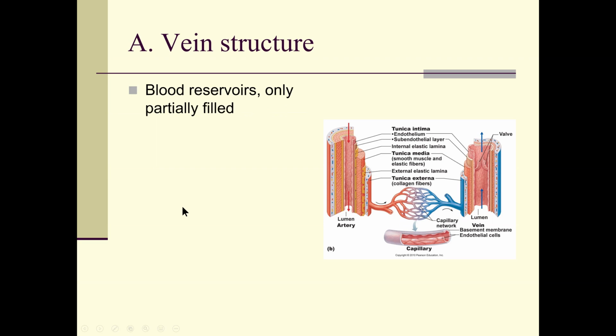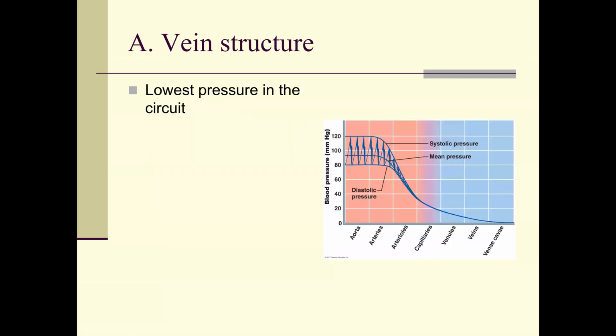Blood reservoirs only partially filled. Remember, the pressure now is so low that they actually have to rely on other mechanisms to get the blood back to the heart. Because when we have a pressure head like this, we're pushing blood out into a system. Now we've got a pressure that's so low, and most of the time, with the exception of the upper extremities, we're going against gravity.